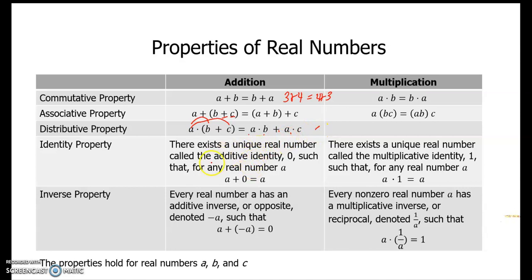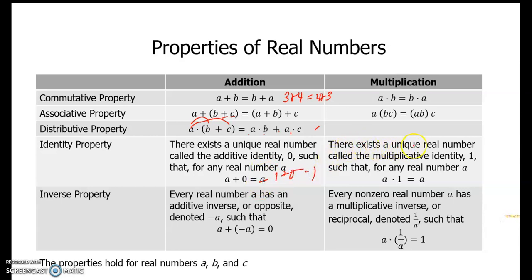So, under identity property naman, there exists a unique real number called the additive identity 0 such that for any real number A, A plus 0 is equals to A. So, any number added to 0 is the number itself. So, 1 plus 0 is equals to 1 itself.